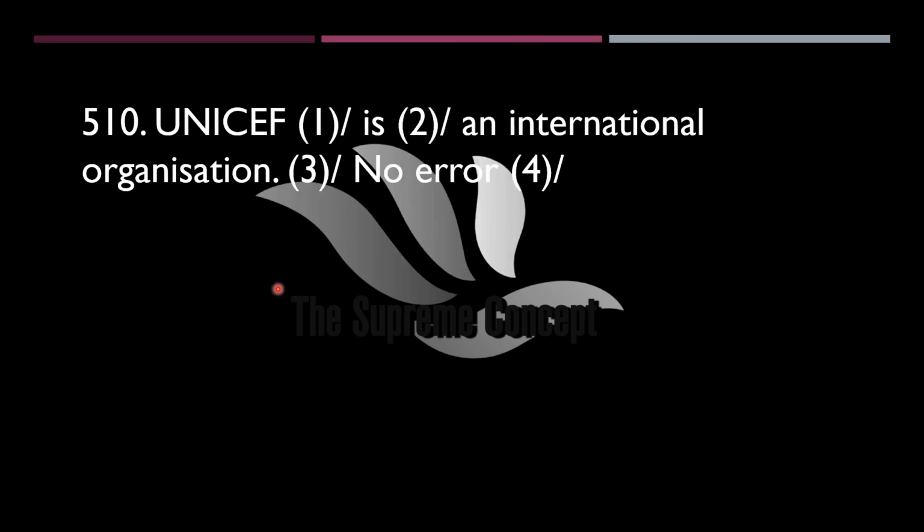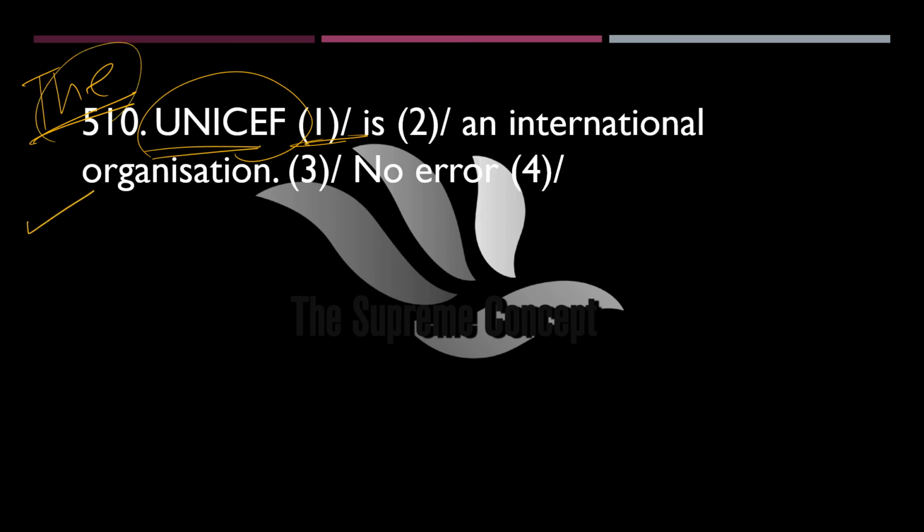So this is our last question. UNICEF is an international organization. Just mark your answer here. Alright, see here error lies in part number 1. Before UNICEF we will use the: the UNICEF. We use the definite article the before any kind of organization, any committee, any party.